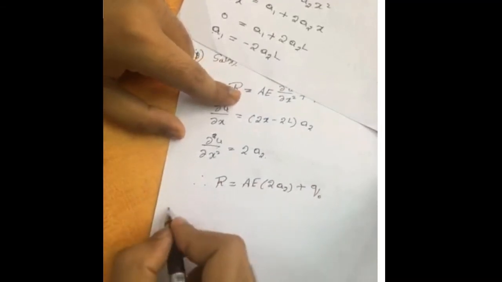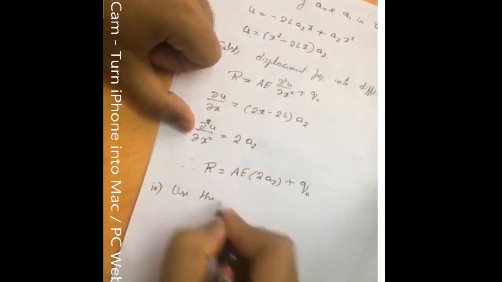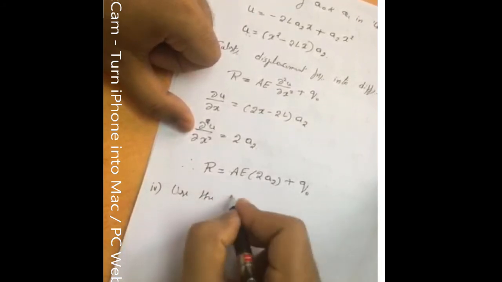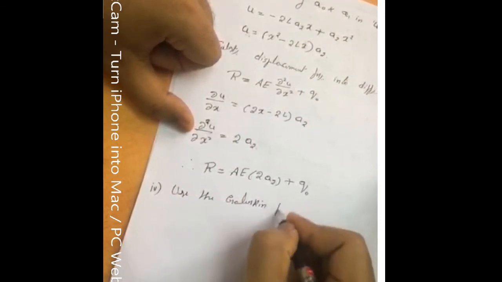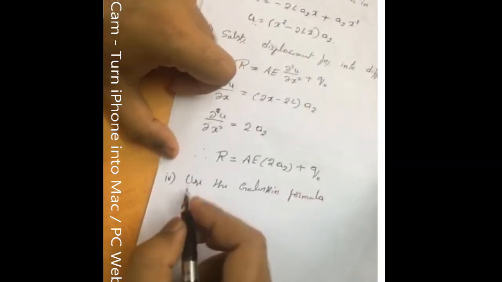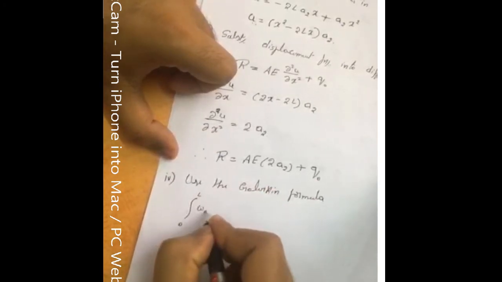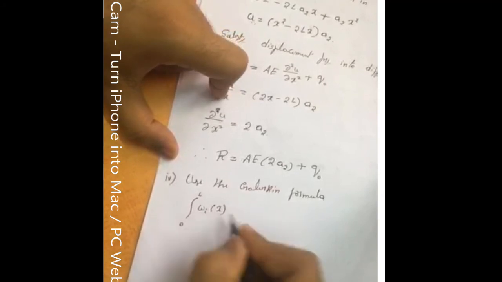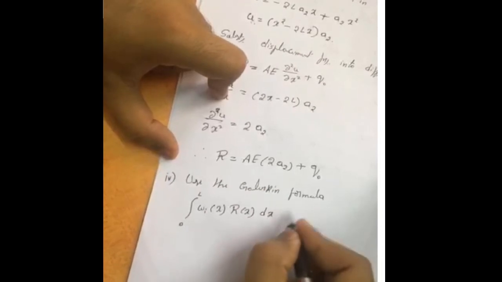Next we have to minimize the error, so we use the Galerkin formula: integration from 0 to L of Wi of x times R of x dx is equal to 0.